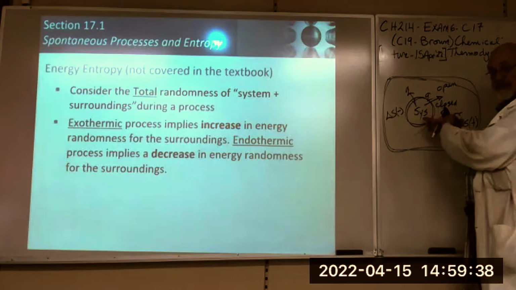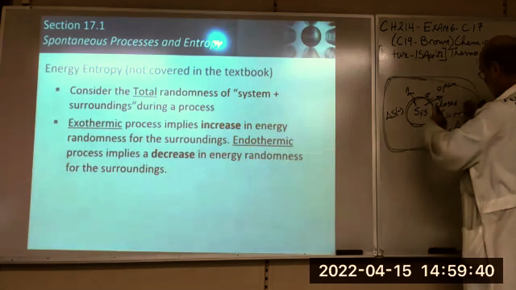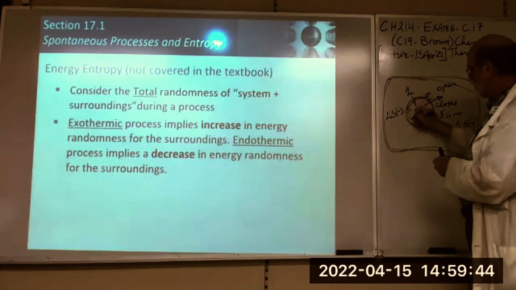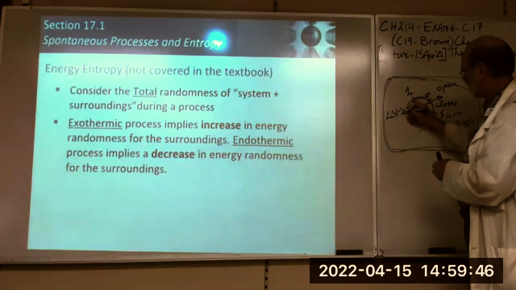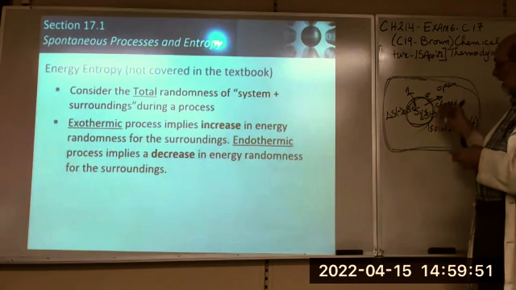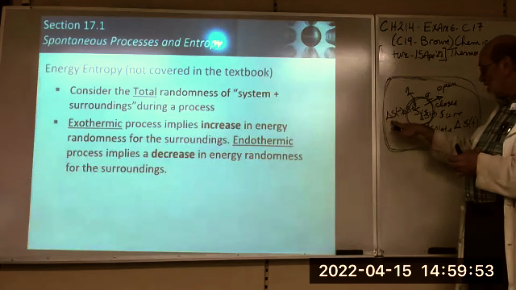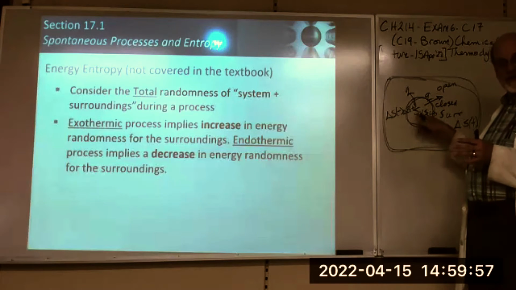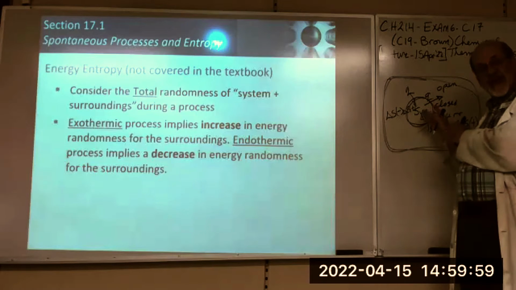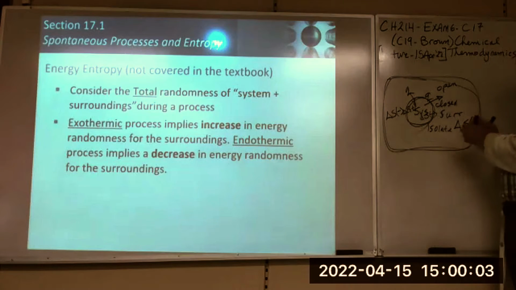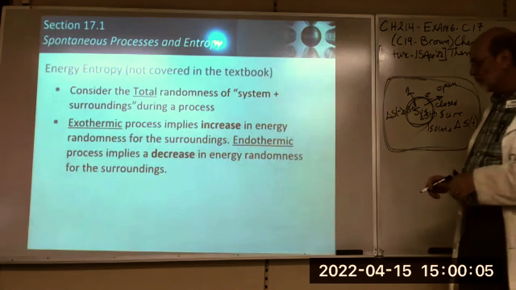So what about the system? Well, in this case, entropy is negative. And in this case, change in entropy here is positive. Right? So we're making the surroundings colder and making the system hotter, which means entropy is increasing on the inside and decreasing on the outside. And for the other one, the exothermic, it's the other way around.